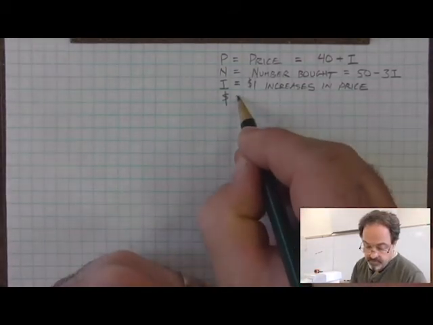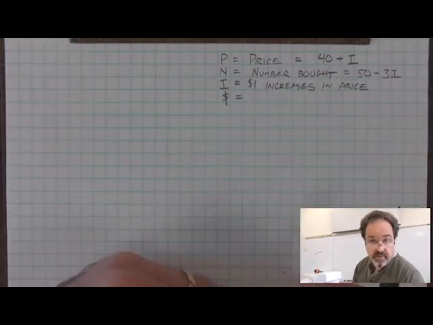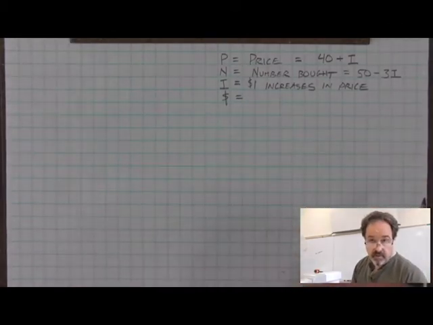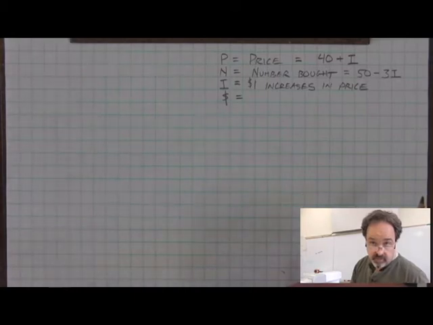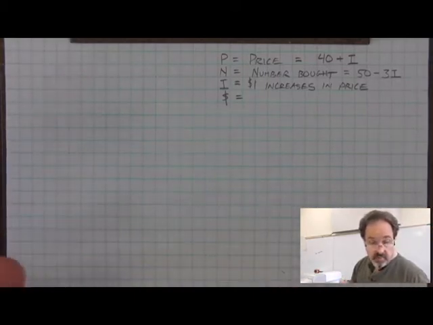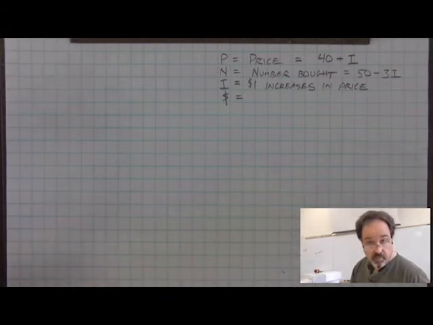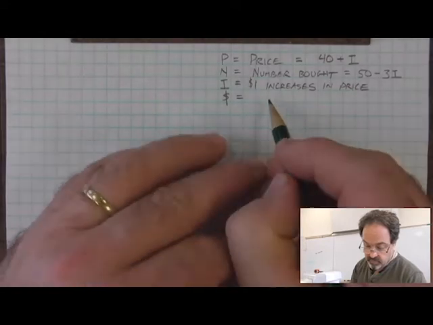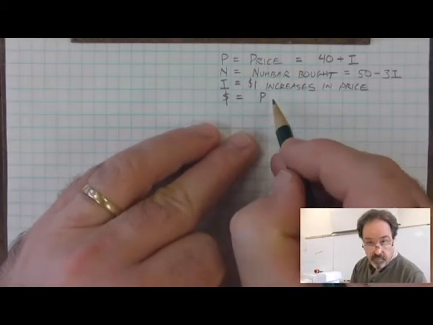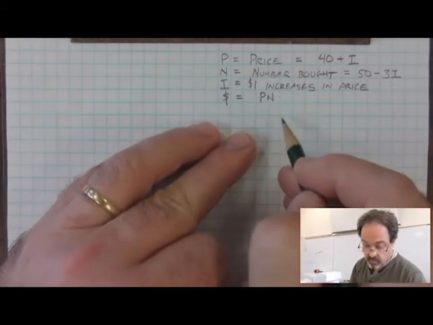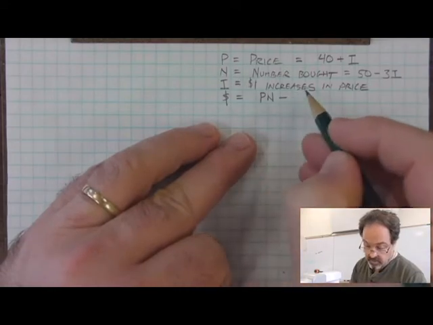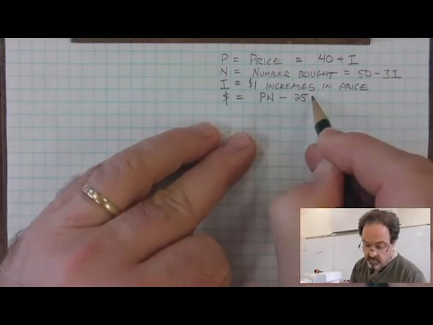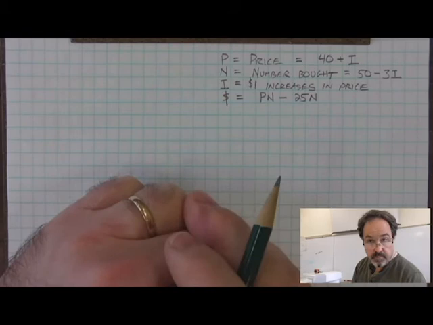So the profit is going to be the difference between how much sales are made by selling boards and the cost it takes to produce the number of boards that were sold. In other words, profit is going to be the price of each board times the number of boards sold minus $25 times the number of boards sold.